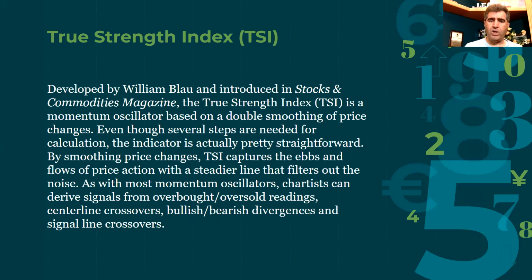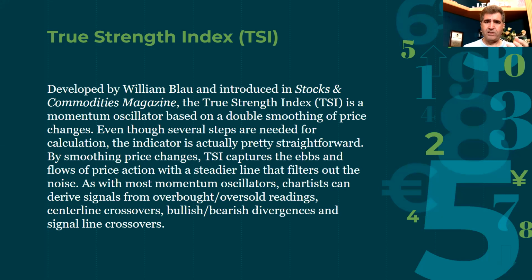It basically takes that momentum oscillator, looks at the time period and smooths it over 25 bars, and then takes that 25 bars and smooths it even more, like a second derivative, at 13. So it has a 13 bar smoothing, and that becomes your TSI line.